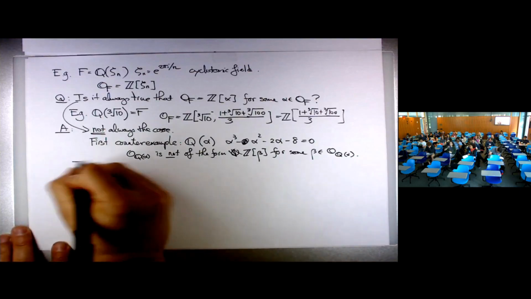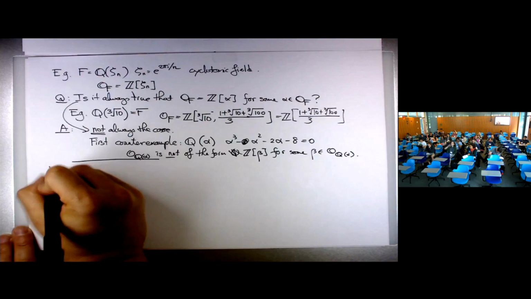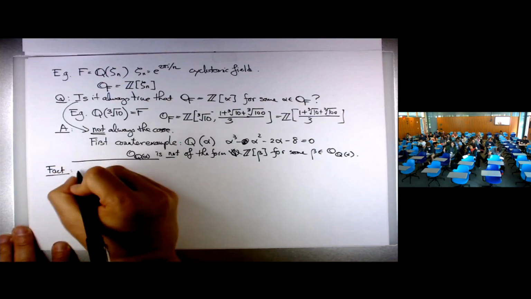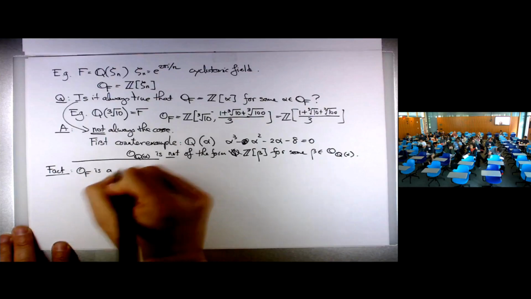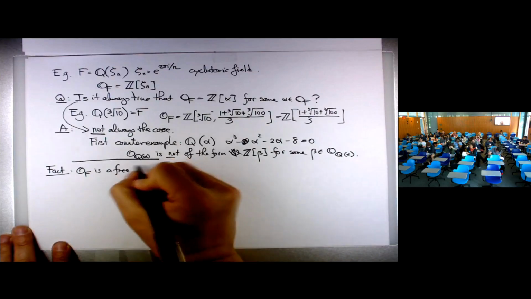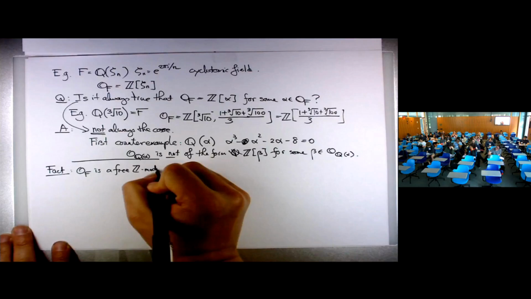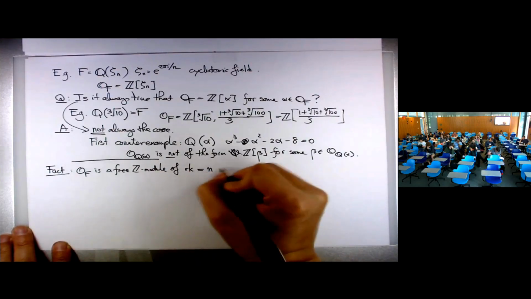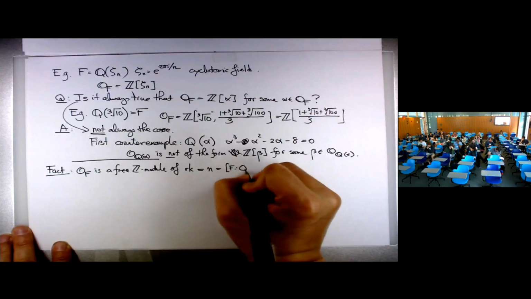Okay, so that's not quite true. But what is true is a basic fact about O_F: O_F is a free Z-module of rank n, which is the degree of the extension.